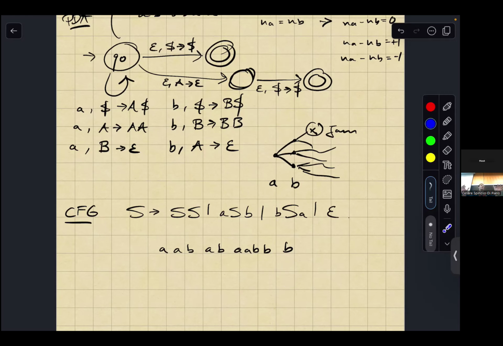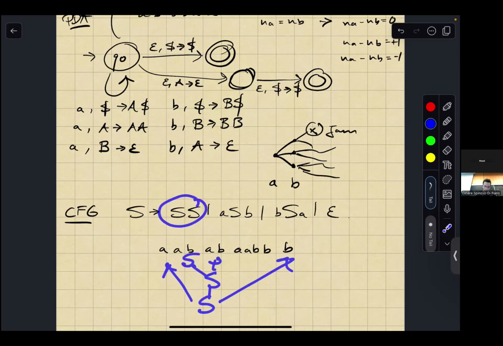Because if all the substrings in your string have an equal number of A's and B's, then the entire string has an equal number of A's and B's. So here, S derives AB, and then I get this variable S. Then using this, I can derive S, and then S. And from these three S's, I can derive AB, AB, AB.